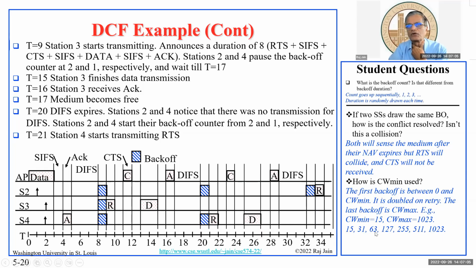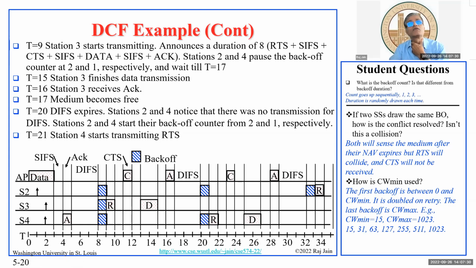Next time, you will go from 0 to 63. Next time, you will go from 0 to 127. Next time, you will go 255, 511, and 1023. After that, sorry, the time is bad. Okay, there are just too many people. You better go to sleep. Throw away that packet. So these many retries are allowed.